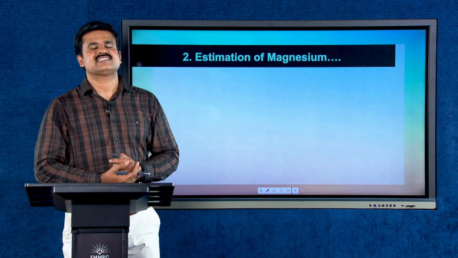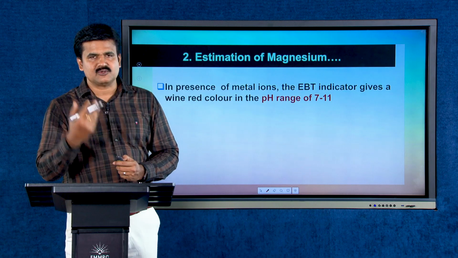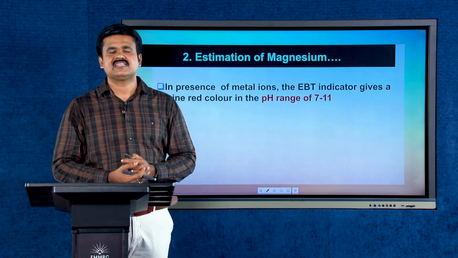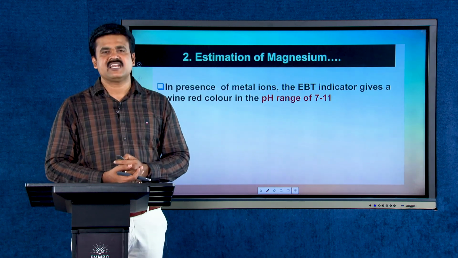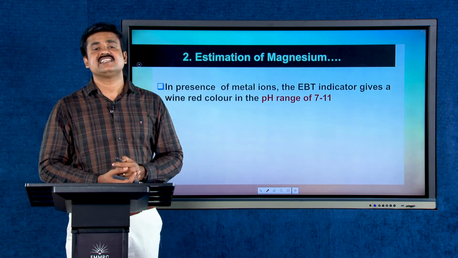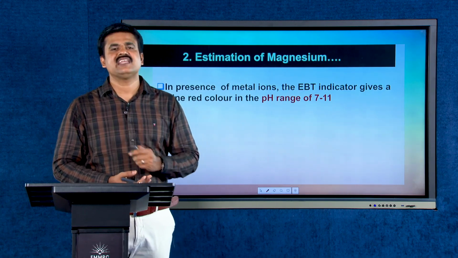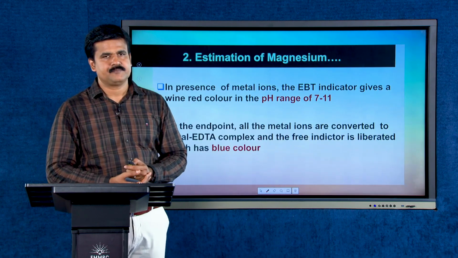Now, you have the standardized EDTA solution. This standardized EDTA solution can be titrated with the magnesium ions present in the sample. In the presence of metal ions, eriochrome black T, that is EBT indicator, gives a wine red color in the pH range of 7 to 11.